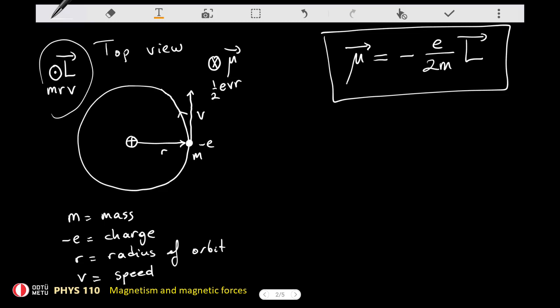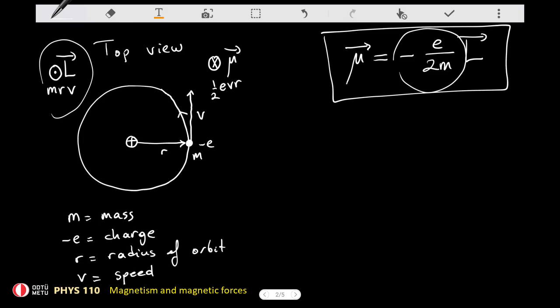At this point, I'm going to discuss the magnetism of atoms by using this expression alone. So the nice thing about this expression is that these two different physical quantities are related with some constant in here, and this constant has a nice feature. It just depends on the charge to mass ratio of the electrons.